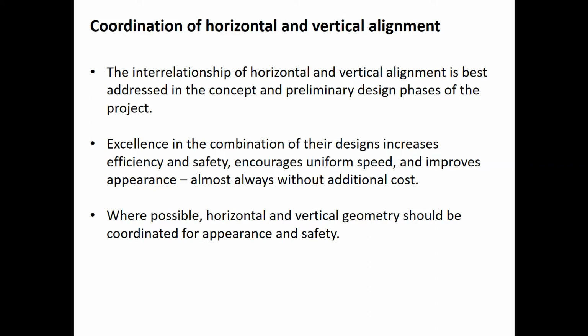The radius is equal to 100k. We have to find the k. K is based on, just now we saw, L divided by A. L is the length of the vertical curve, and A is the algebraic sum of the two grades.